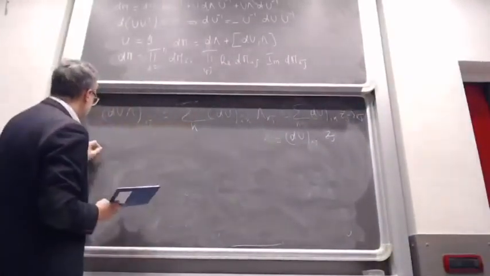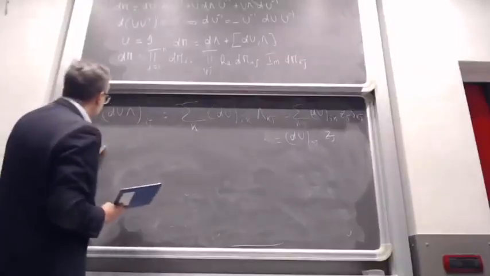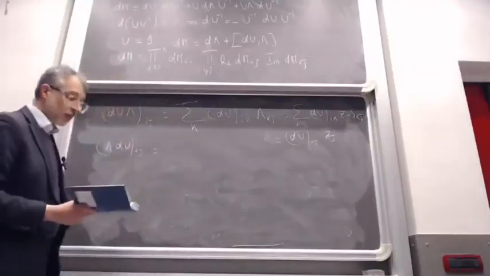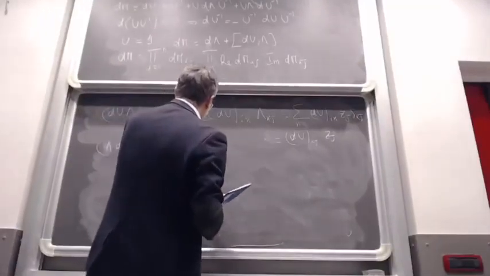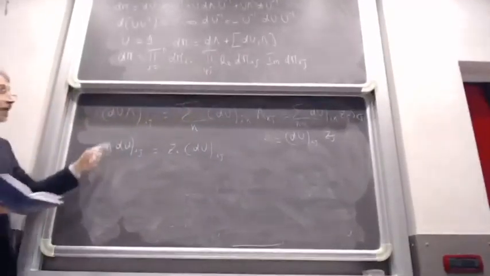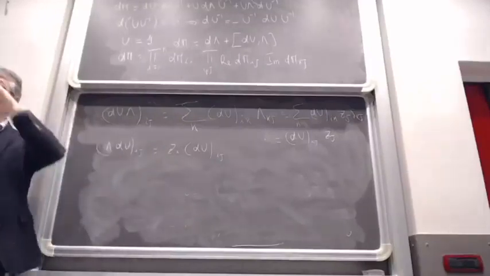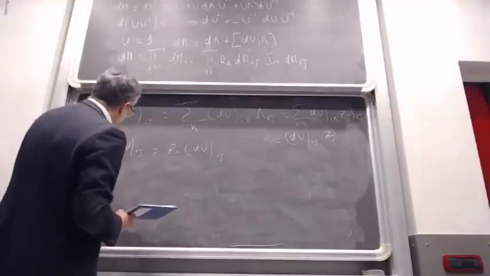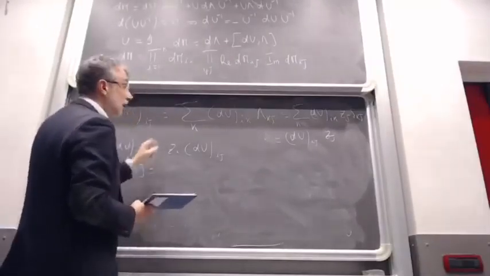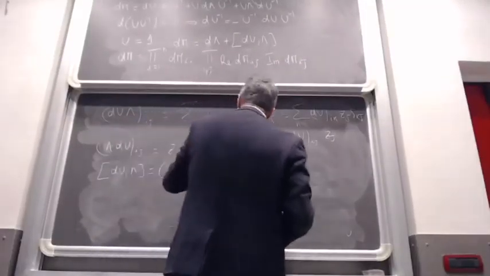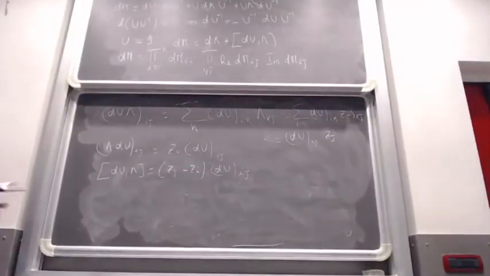We just calculated the product of matrices, and you can calculate similarly lambda dU_ij, and what we get is z_i times dU_ij. So the commutator essentially depends on the difference between the eigenvalues z_i and z_j: the commutator of dU with lambda is (z_j minus z_i) times dU_ij.